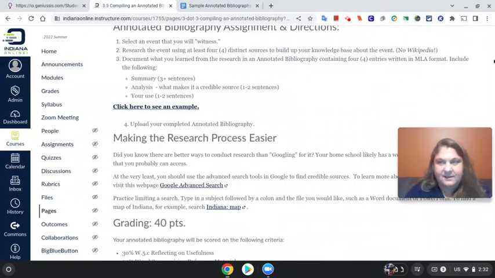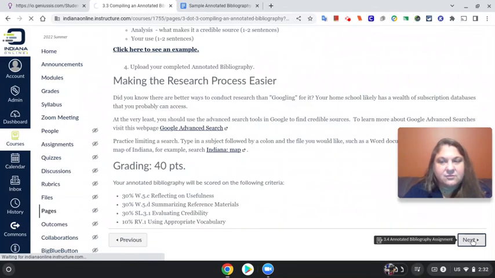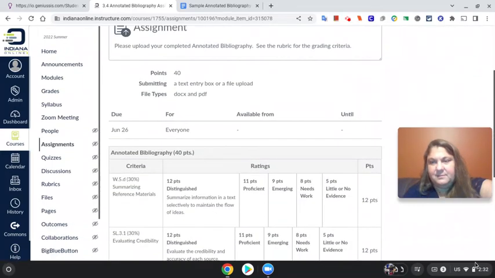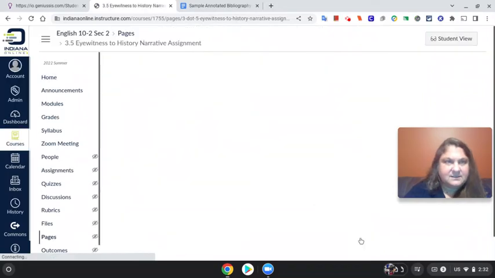So let's go on to 3.5. Let me just click on next in modules here. So you're going to submit your annotated bibliography, and then you're going to go next.